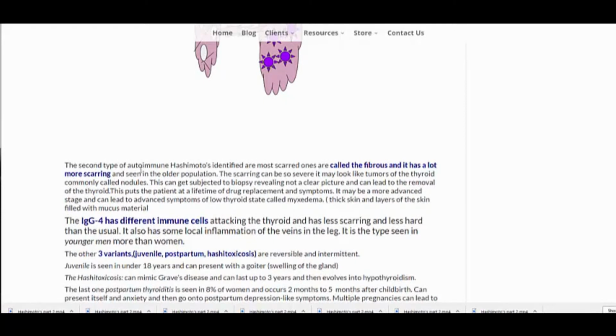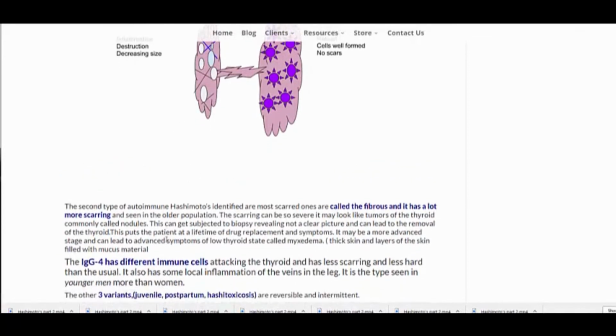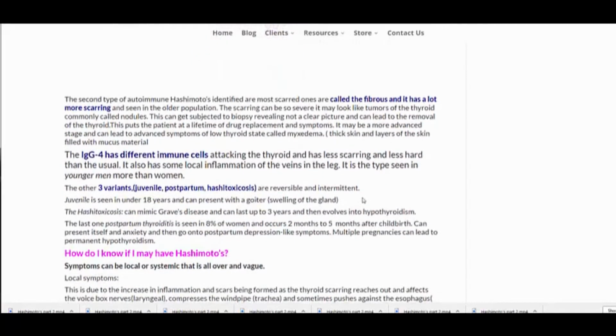The second type of Hashimoto's that we see is seen in the older population. It's called the Fibrous. It has a lot more scars, and it's seen with almost like a tumor-like consistency of the thyroid, which means it has multiple nodules, but it's almost hard to feel. And a lot of times, these are the kind of patients who get biopsies done, because you can't get a clear picture.